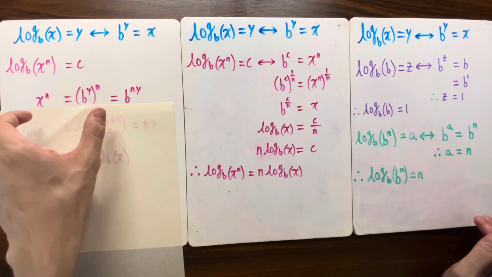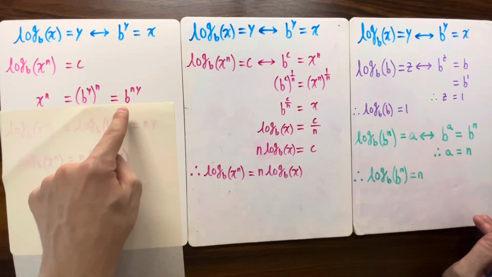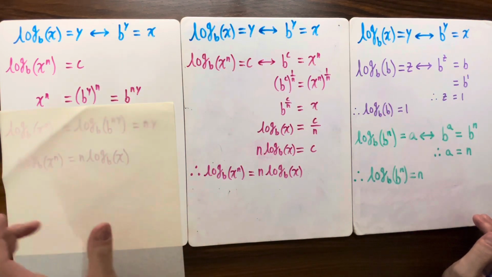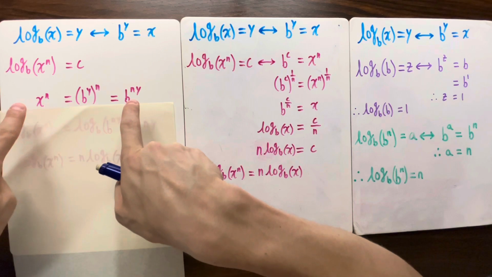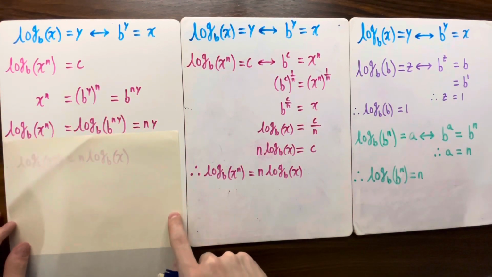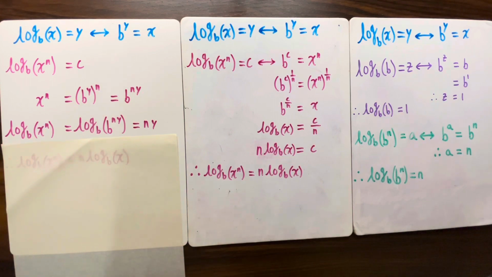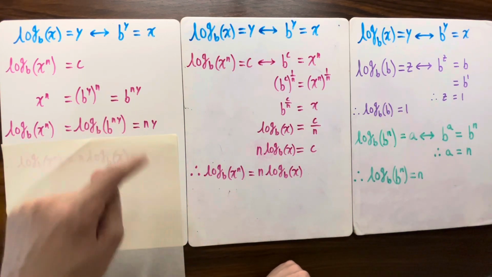So these two must be equal. Simplifying this, we can just call it b to the ny. And from here, we can take the logarithm of both sides of this equation with respect to b and get that log base b of x to the n is equal to log base b of b to the ny.